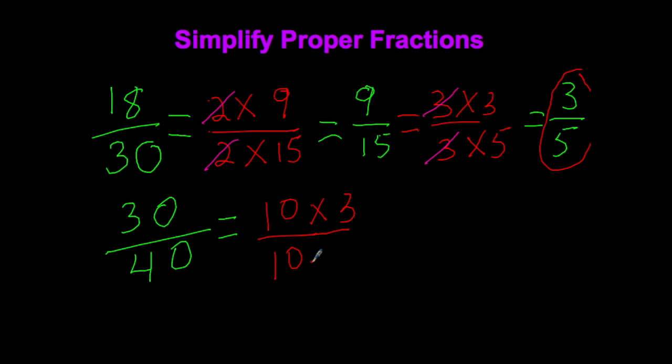What number you multiply by 10 to get 40? 4. And the 10 is common between the numerator and the denominator. You can cancel that out. What you're left with is 3 over 4. And this 3 over 4 is the simplest form because there is no number aside from 1 that is divisible into both 3 and 4.